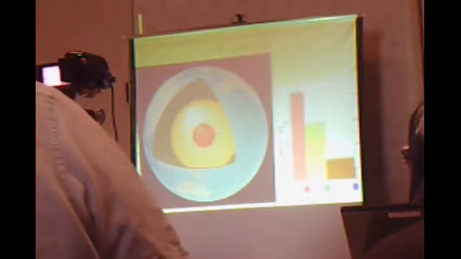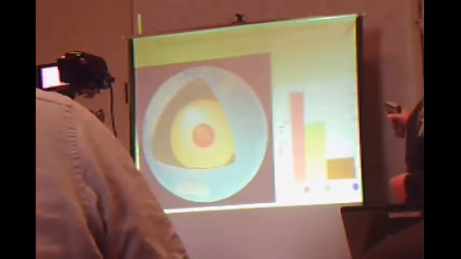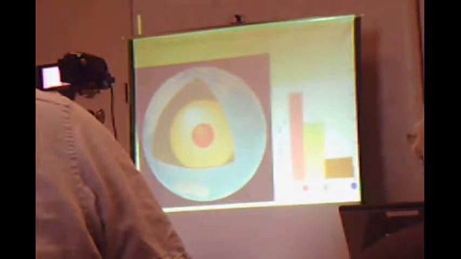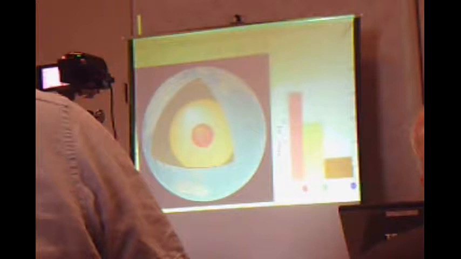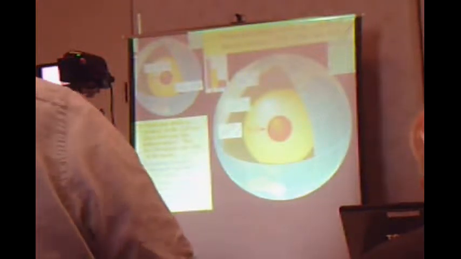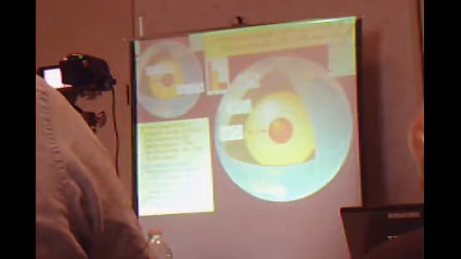And then the different energy levels within each one of these. With your higher energy levels in the core, in the mantle it's kind of medium, and then the lithosphere is lower. He quantifies them here with your powers here, 10 to the 20, 18, and 10.